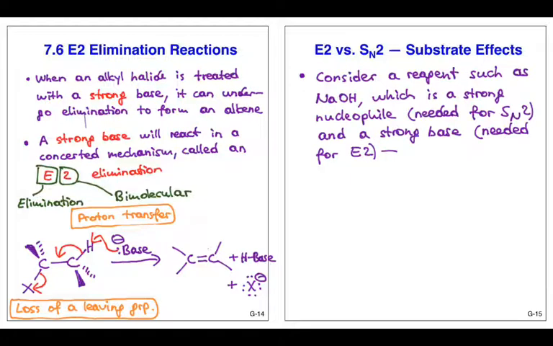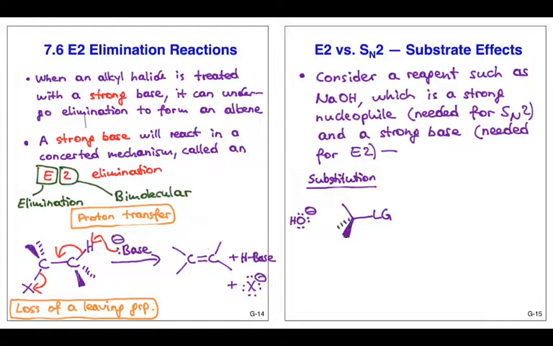So now, as we'll see, for a sterically hindered substrate, E2 elimination becomes greatly favored over SN2 substitution. And so, to understand why this is the case, let's look at an example. Substitution first, right?